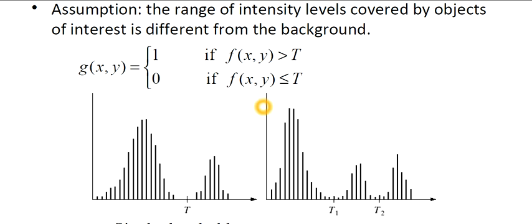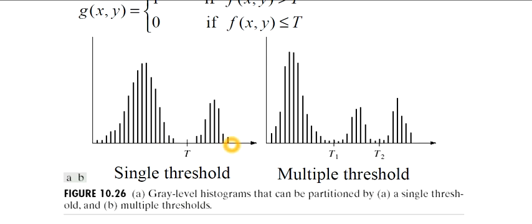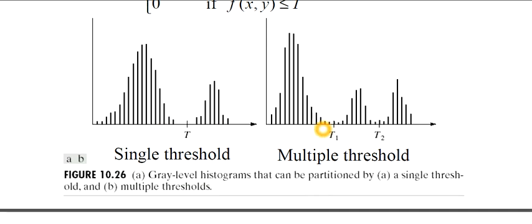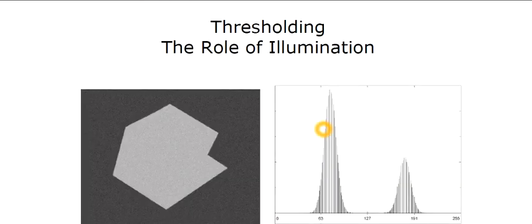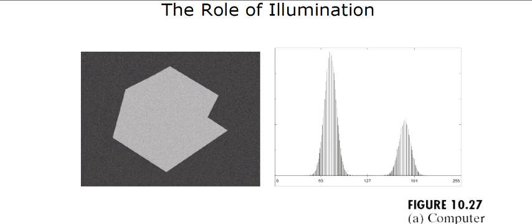Well, we may have a single threshold or we may have multiple thresholds. This picture depicts them. Okay, this is the single threshold and this is the multiple threshold. Now, say this is the image and this is the histogram of this image. And this is a computer generated image and this is the histogram of this image.